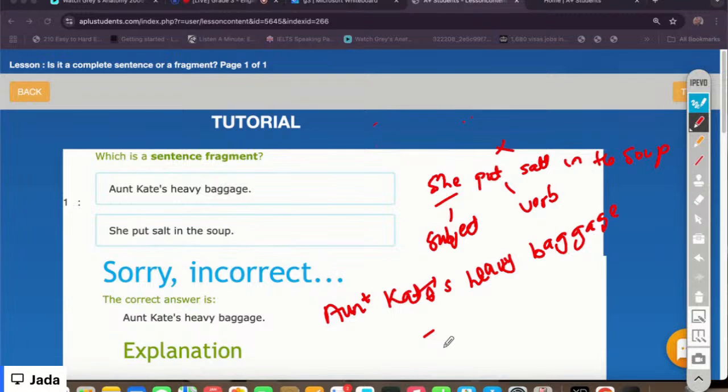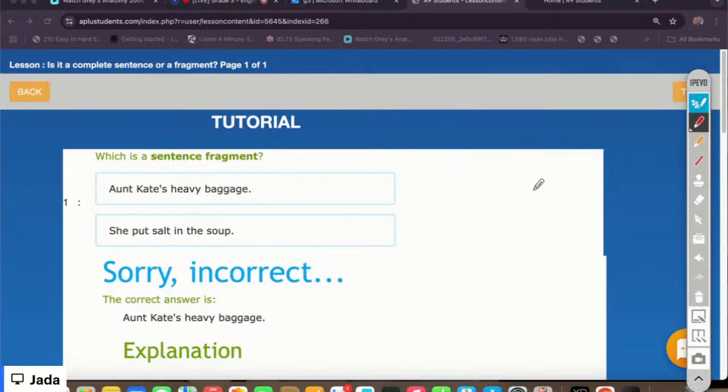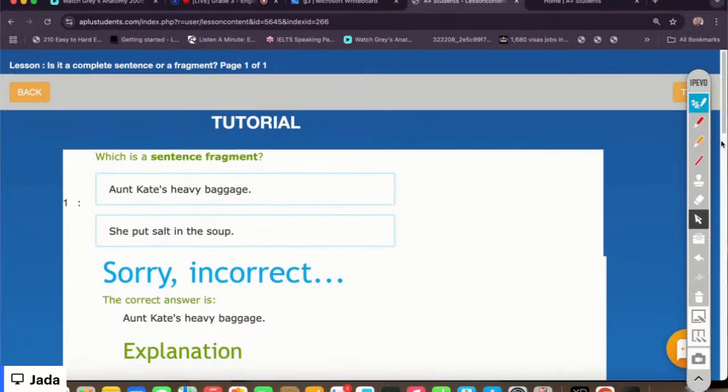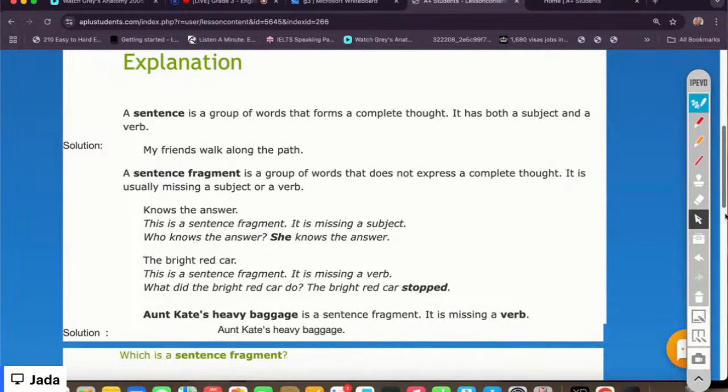We do not know what happened to the baggage. So this is a subject without a verb. It either tells us that this happens to the baggage, but this one doesn't say anything. So that's a sentence fragment.